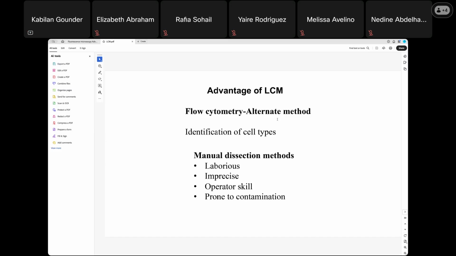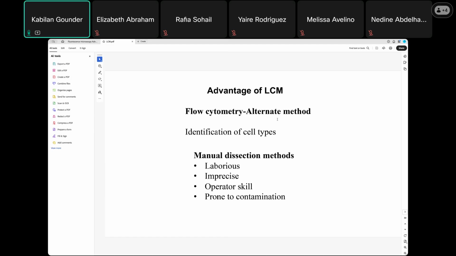Generally, we can use flow cytometry for identification of different cell types. Also, the manual dissection method, as I discussed, is very laborious and difficult.